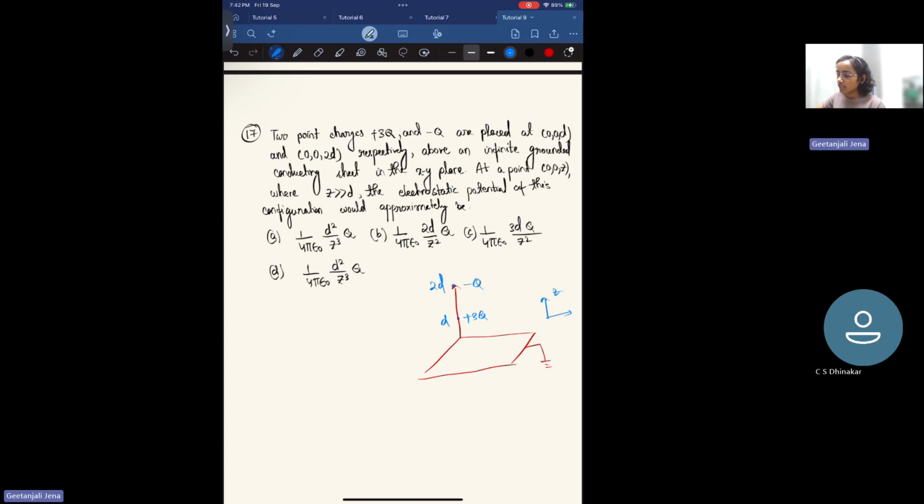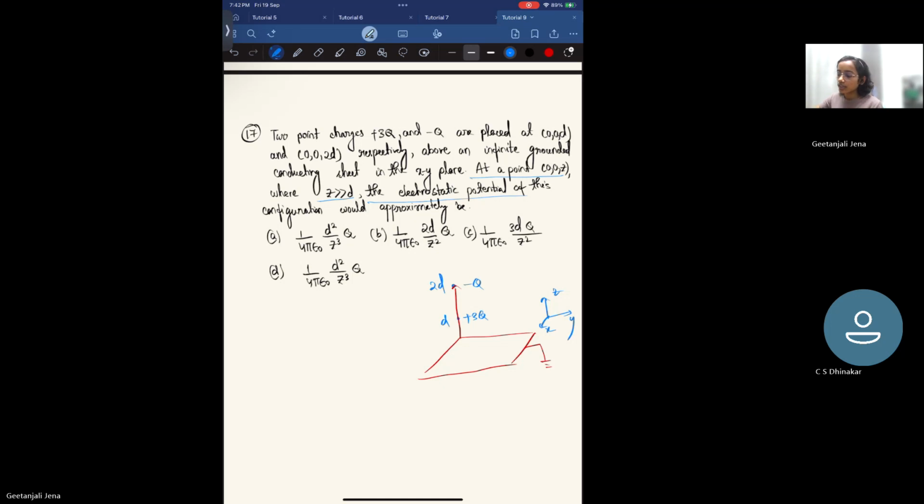This is Z, X, Y. For this, you need to calculate the potential at a point (0, 0, Z), where Z is much, much greater than d. So find the electrostatic potential at a point where Z is much, much greater than d.